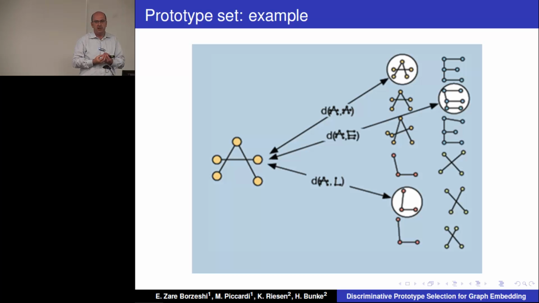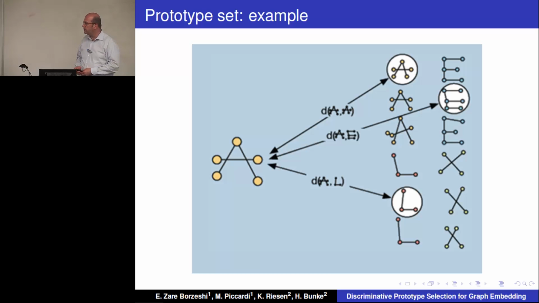The feature vector becomes nothing else than the concatenation of the distances between the graph and this template, the graph and this template, the graph and this template, and so on. So the feature vector is the set of distances or dissimilarities between the probe graph and your prototype set.